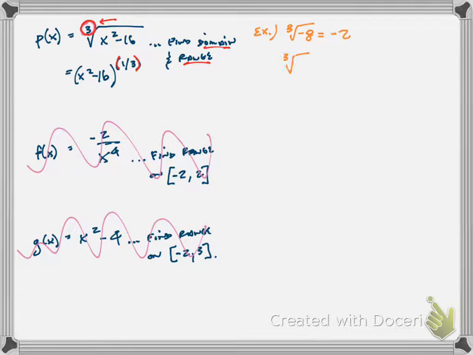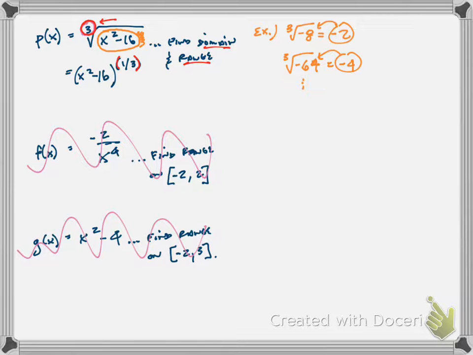The cubed root of -64 is -4, etc. And that's because -2 raised to the 3rd power is -8, and -4 raised to the 3rd power is -64. So you can take the cubed root of a negative, which means that this is allowed to be negative. Whereas if it was a square root, this would not be allowed to be negative. Okay? So, think about how that applies.